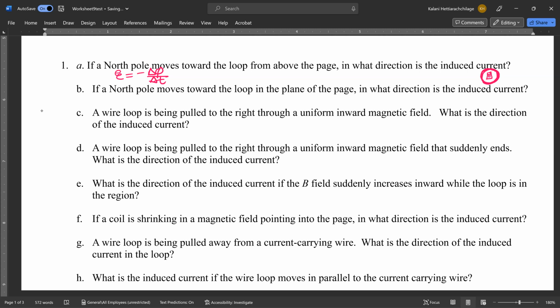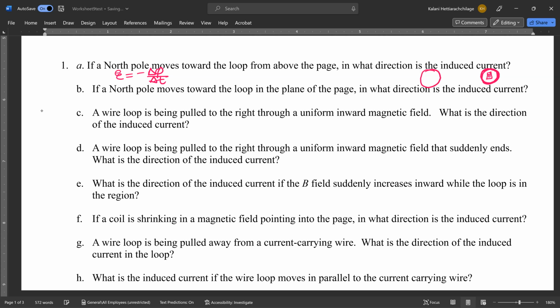You keep the north pole at rest, and there is no current in the loop. Now you bring the north pole towards the coil. That means you create magnetic field lines into the board, because the north pole is emitting magnetic field lines toward this. Let me draw it here.